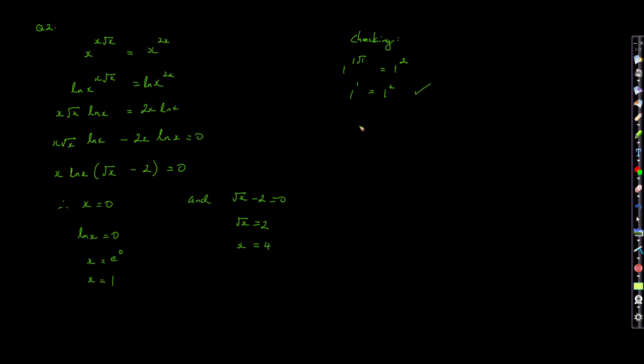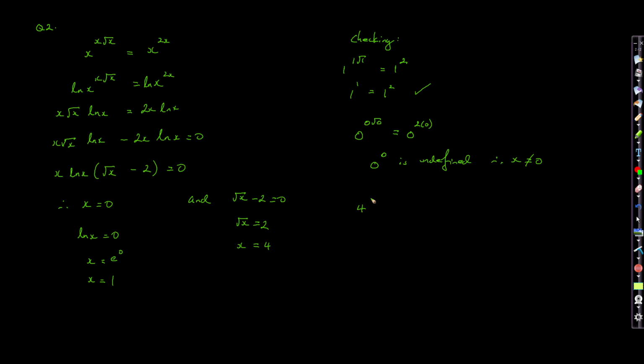What about 0? 0 to the power of 0 root 0, is that equal to 0 to the power of 2 times 0? But 0 to the power of 0 is undefined. Therefore, x is not equal to 0. The only other solution we've got is 4.